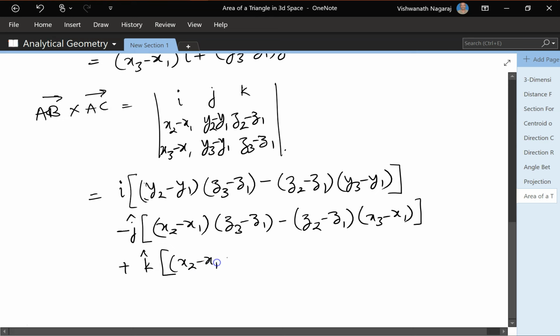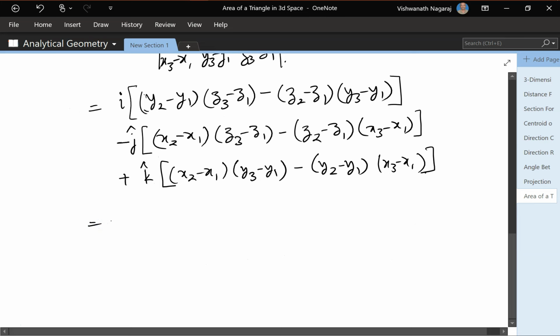plus k hat times (x2 minus x1)(y3 minus y1) minus (y2 minus y1)(x3 minus x1). Now which means this can be written in short using the circular notation, right?